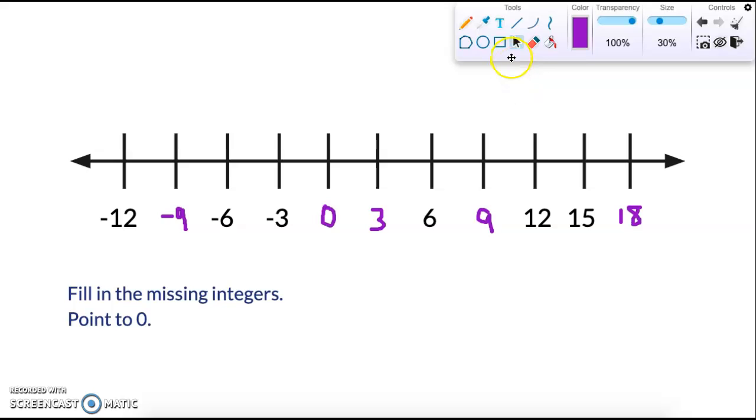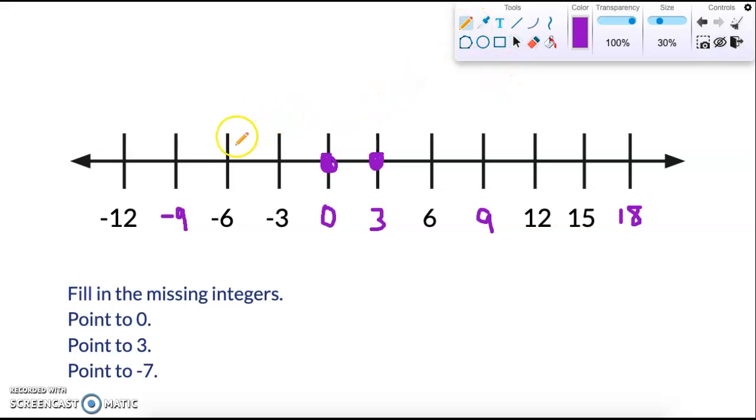So again, go ahead, point to 0 right here. Point to 3. 3 is positive 3 directly to its right-hand side. And point to negative 7. Okay, negative 7.